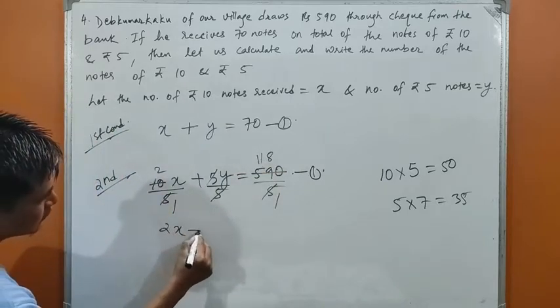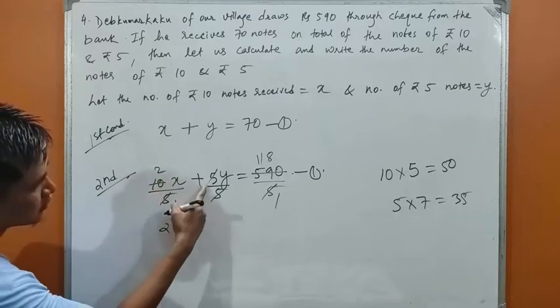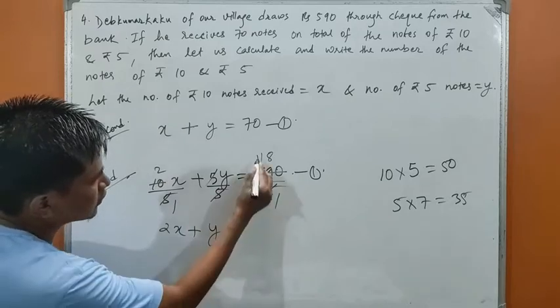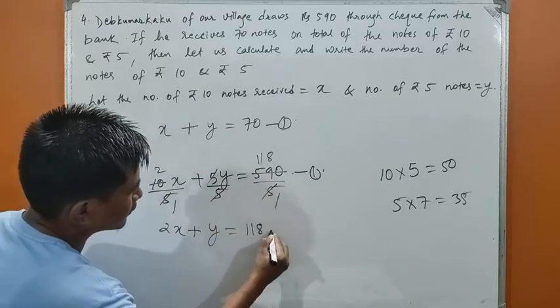So we have 2x plus y equals 118. This is equation 2.